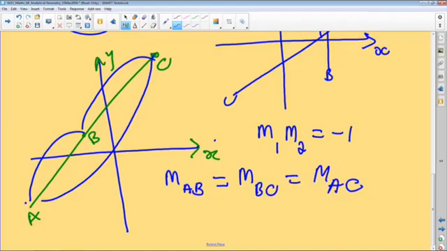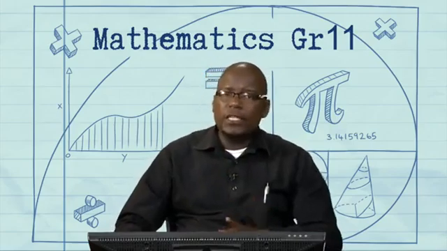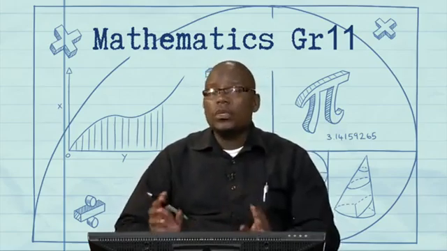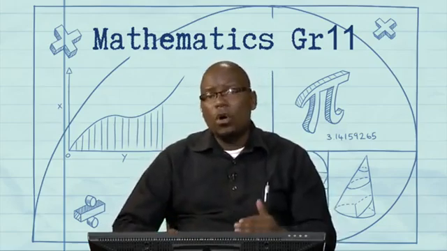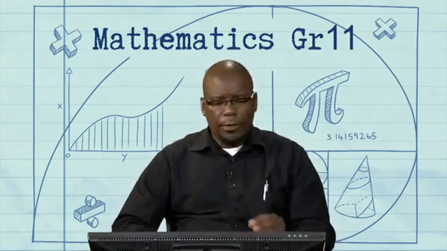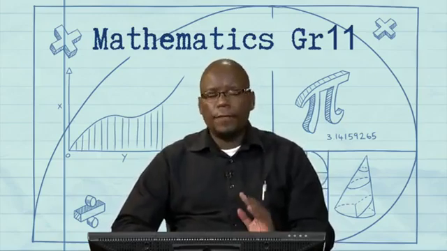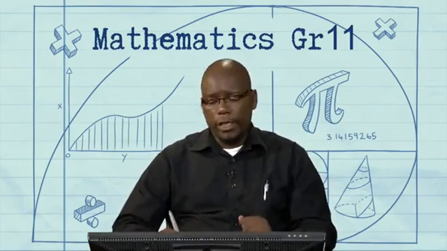So if I work out the gradient of AB to be a half, the gradient of BC to be a half, and the gradient of AC to be a negative half, it means that those points are not collinear. It's just a simple example. But if the gradient of AB is a half, BC is a half, and AC is a half, then we conclude that those points are collinear.